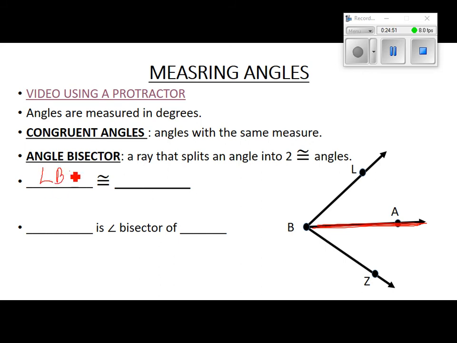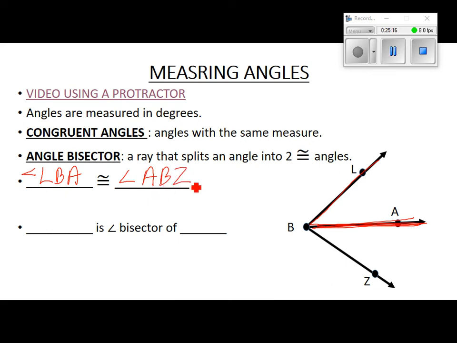So if I just write this down, LBA, is that going to be correct? No, you have to put the symbol. Make sure you put the symbol, all right? And make sure you write well enough that you can tell the angle symbol and the L apart. So that's this angle, angle LBA. What's the other angle? Angle ABC. Everybody agree with that?